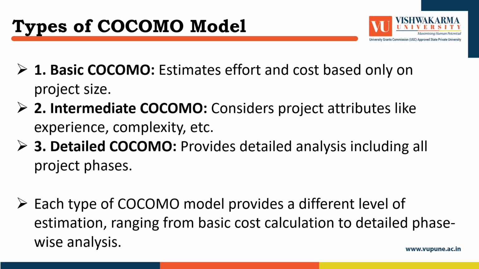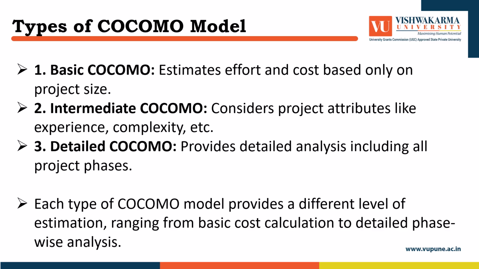Types of COCOMO model. There are three main types of the COCOMO model. First, basic COCOMO. This is the simplest form, which only considers the size of the project to estimate effort. It's helpful in the early stages of a project when only the size is known. Second, intermediate COCOMO. This version adds additional factors such as the development team's experience, complexity, and use of tools.